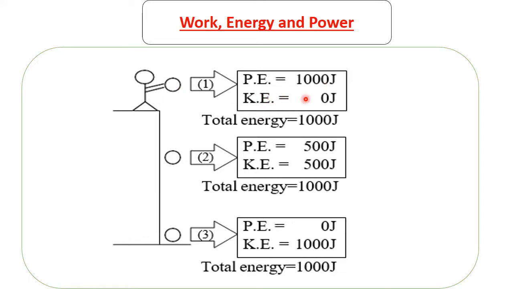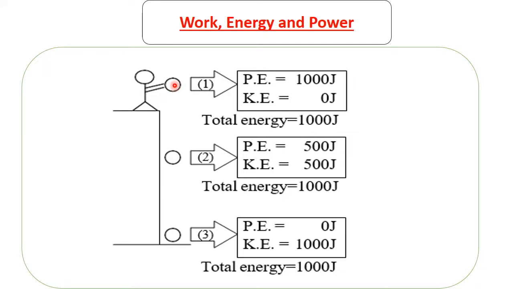The kinetic energy is 0 joules. Remember, potential energy depends on the height and mass, but here we're going to assume the mass is constant. So the height from here to here is what determines potential energy. The higher you go, the higher the potential energy. The lower you go, the lower the potential energy.